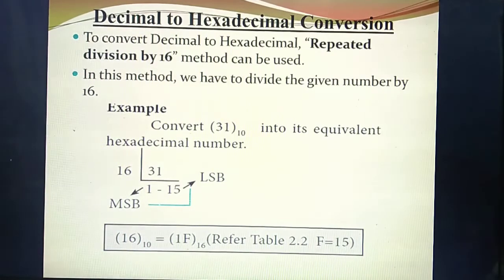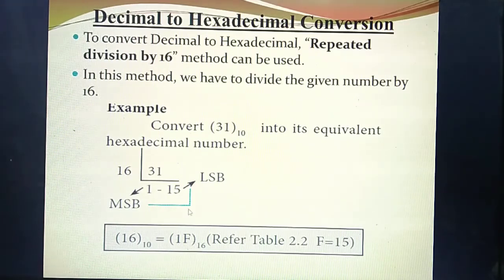Then what's the answer? That is very, very important. So what answer are you getting? 1. Listen, 15. For 15, which is the equivalent hexadecimal number? 15 means F. So don't write 15 here.